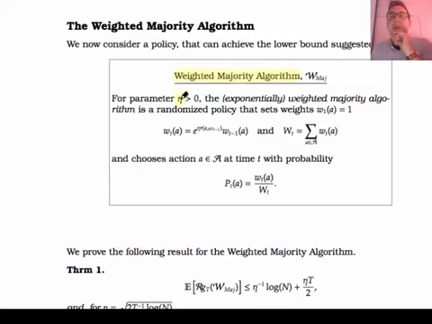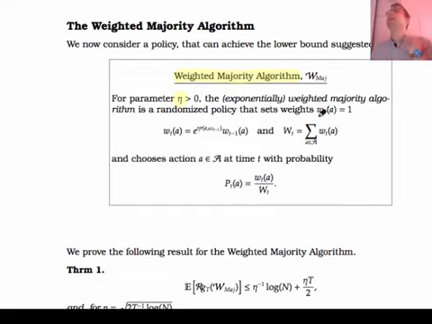So for a parameter eta, the exponentially weighted majority algorithm is a randomized policy. With each action, you associate a weight, and after each round of playing, you update the weight depending on what reward you observe from each action.